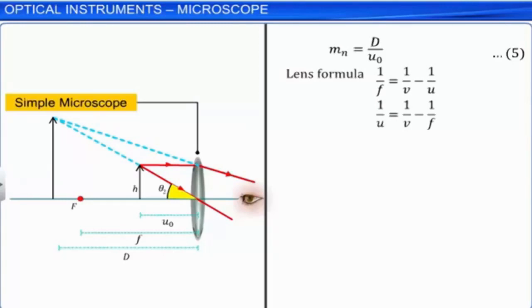On comparing this with equation 5, we get m_n is equal to 1 plus D by f. Let this be equation 6.